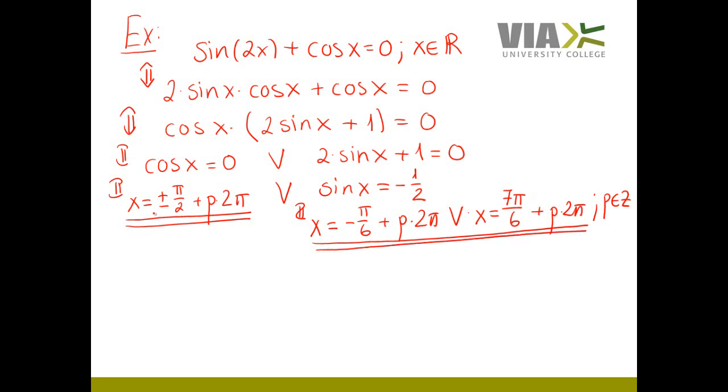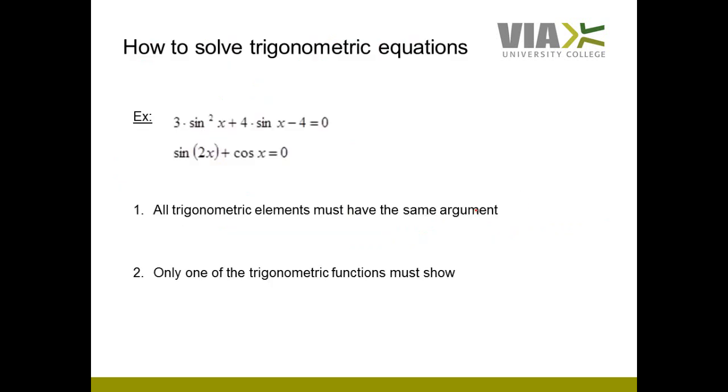So we end up with 4 solutions to the initial given equation, plus or minus pi over 2, minus pi over 6, and 7 pi over 6. So how do we solve trigonometric equations? That is very individual and based on the equation you are given.